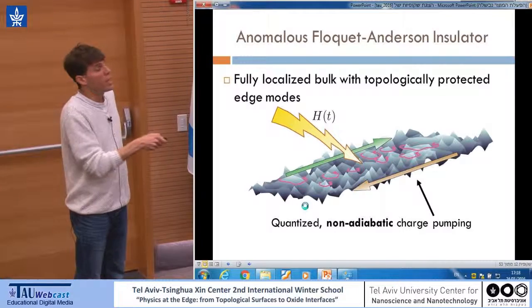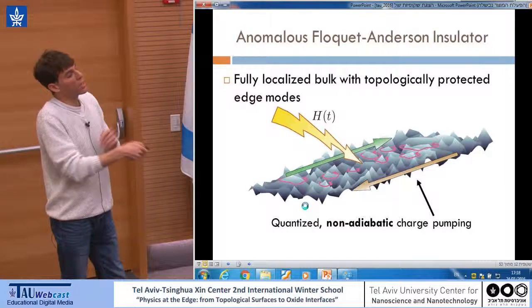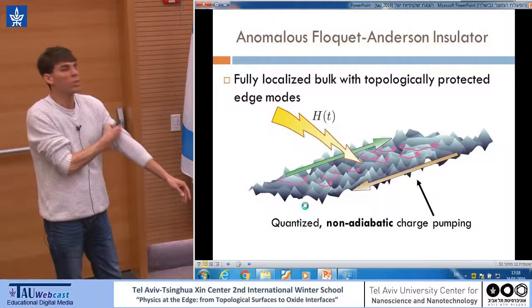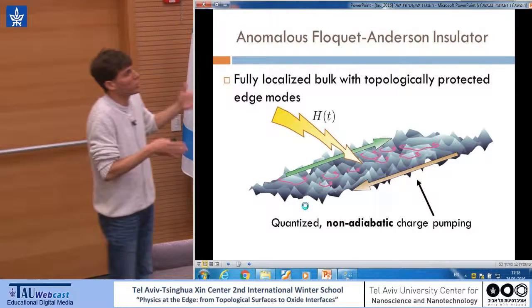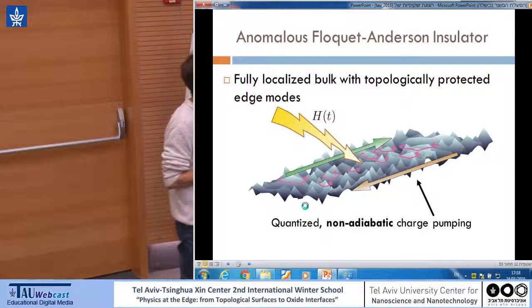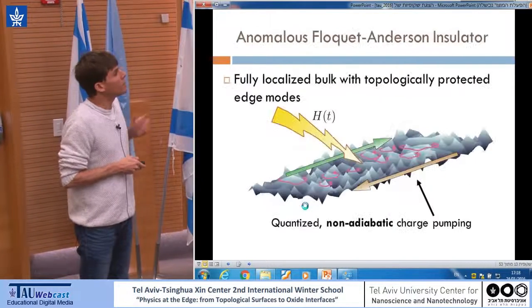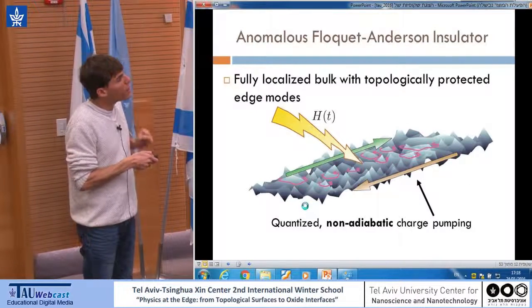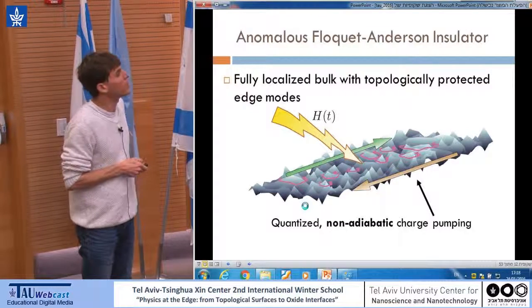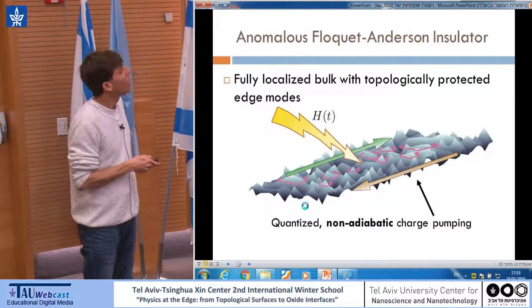Again, I'll also explain in a second what's the difference between this and a regular quantum Hall state, which we know could be disordered and have chiral edge states. The special thing about this state is that the bulk states are fully localized, and that's not possible in a quantum Hall state.